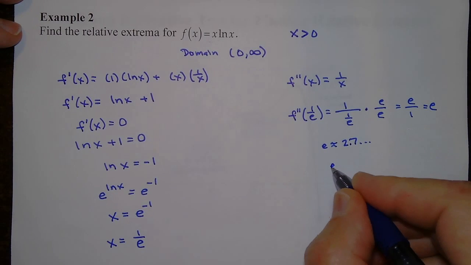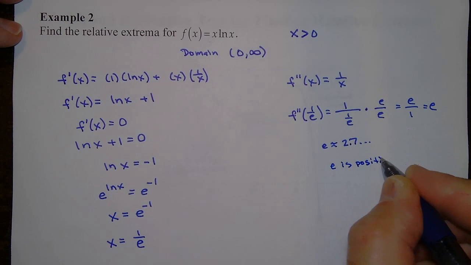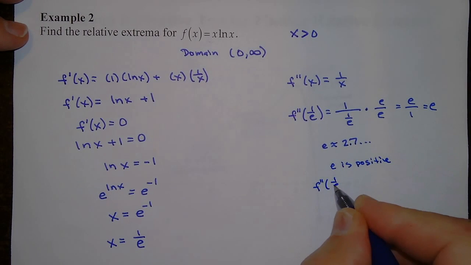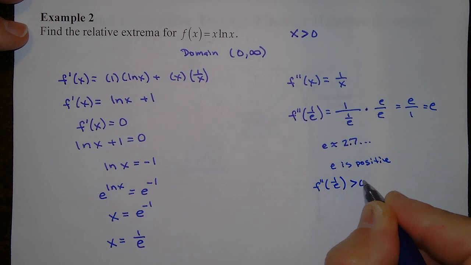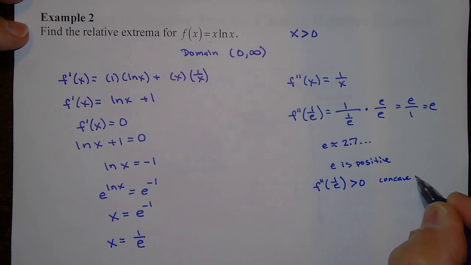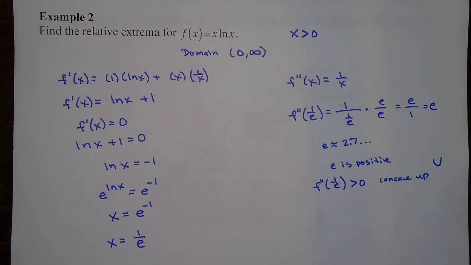All right, so e is positive, which means f double prime of 1 over e is greater than 0. And when it's greater than 0, that's concave up. And when it's concave up, it looks like that. So that's why a relative minimum. I always use a parabola to help me picture concave up and concave down.